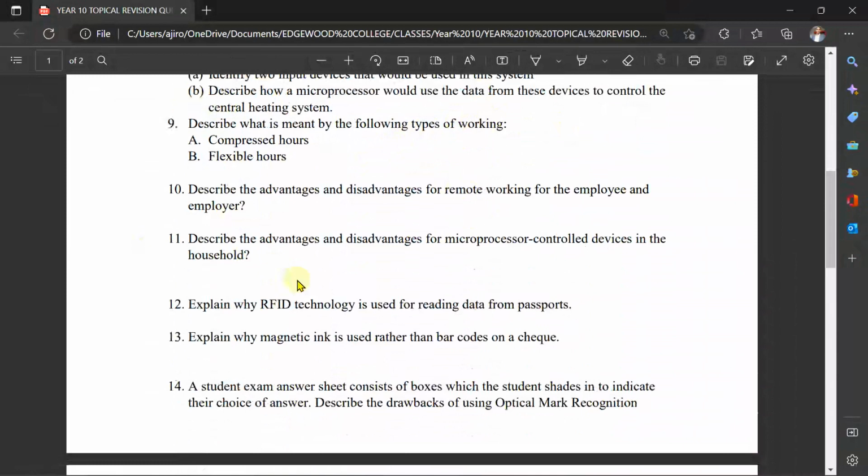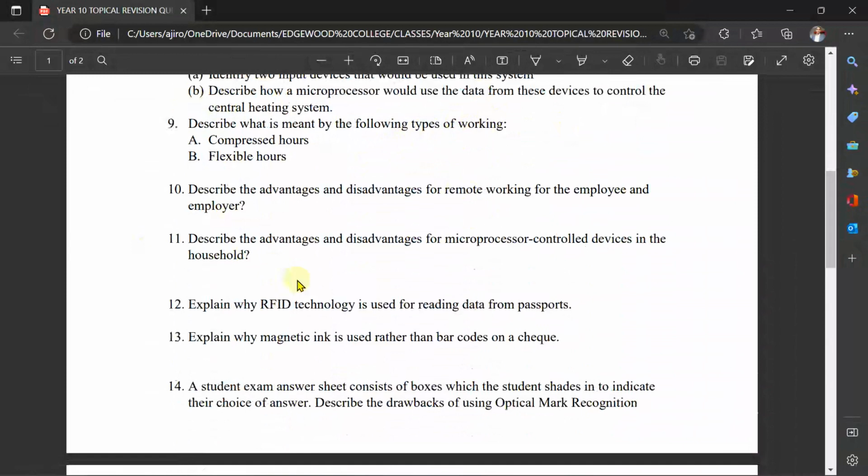Talking about your name, passport number, date of birth, place of birth, nationality, expiry date, issue date, and the likes of that.